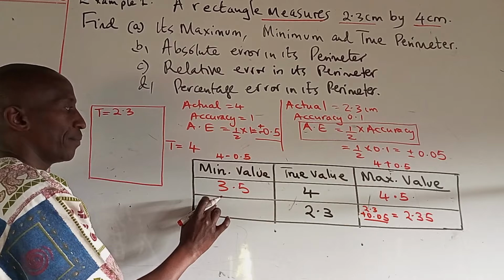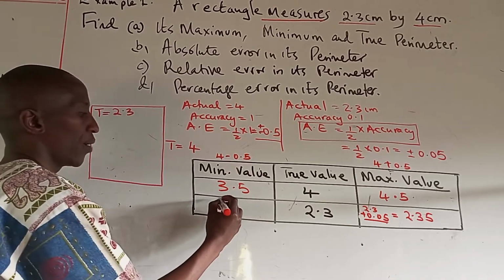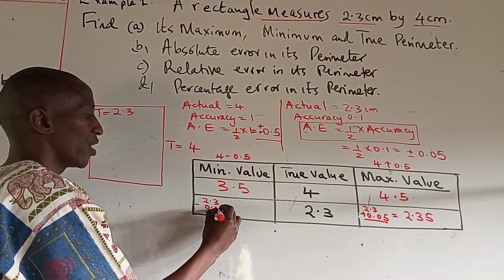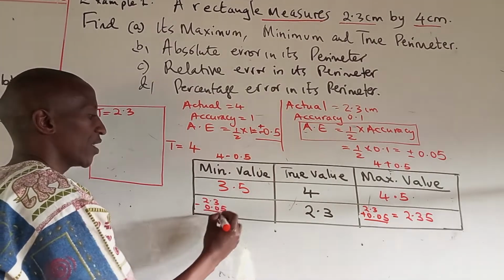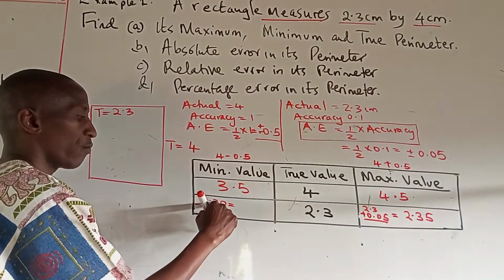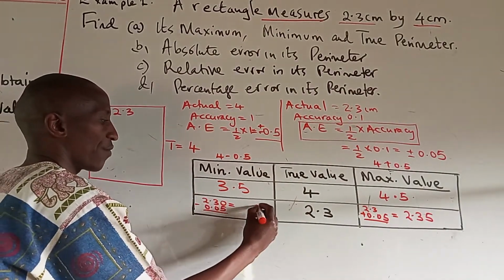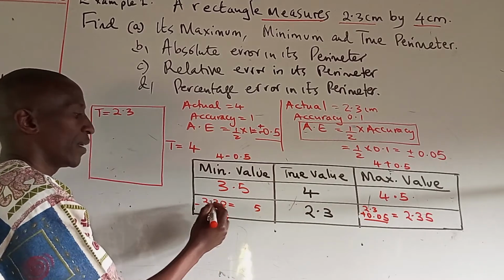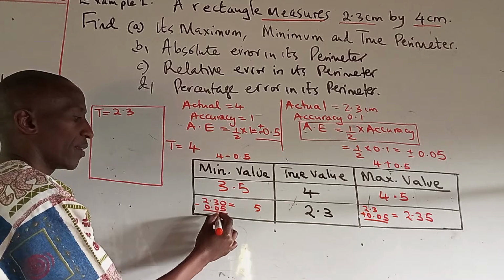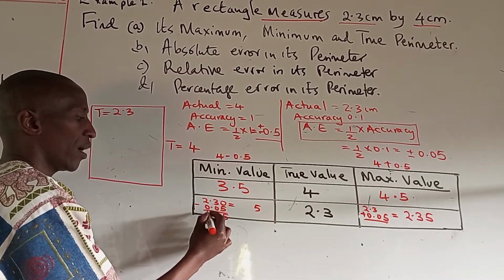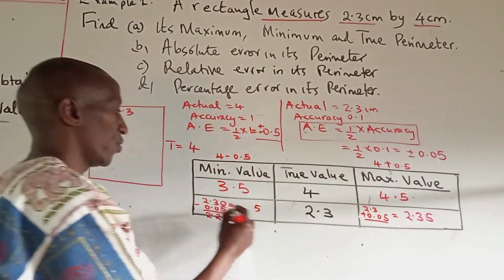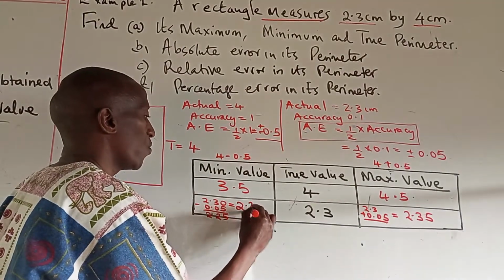For the minimum possible dimension here, we shall have 2.3 subtract 0.05. We can put a 0 here, we borrow 1 from 3, and that gives us a 5. We are left with 2, and that comes to be 2.25.